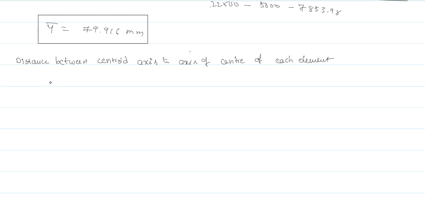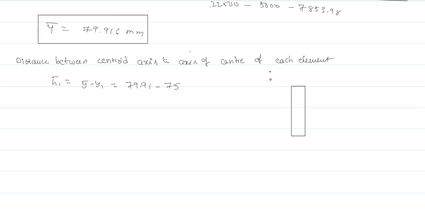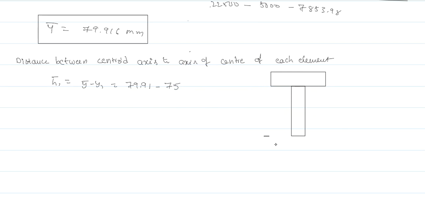So I would like to find h1 bar is equal to y bar minus y1, where y bar is equal to 79.91 minus 75. Say we have an I section like this.